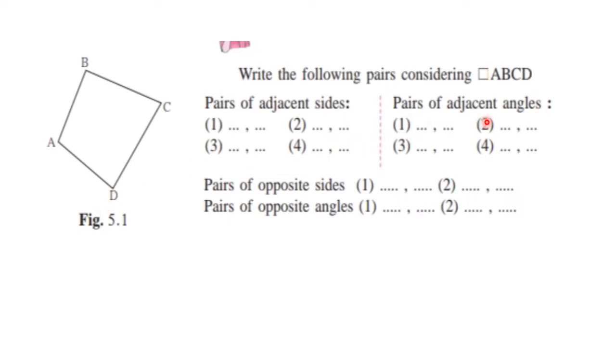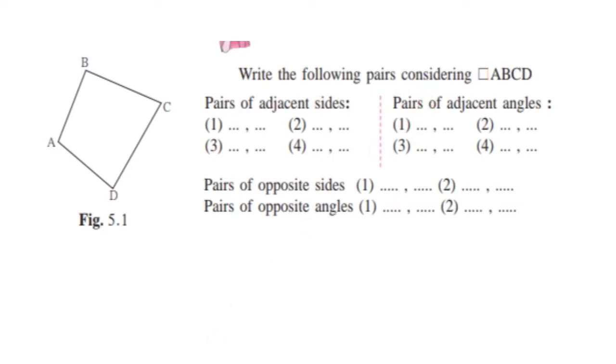Then pairs of adjacent angles. Angle A is adjacent to angle B, then angle B is adjacent to angle C. You can see angle B is adjacent to angle A as well as angle C. Then angle C is adjacent to angle D and angle D is adjacent to angle A. So this was about the pairs of adjacent angles.